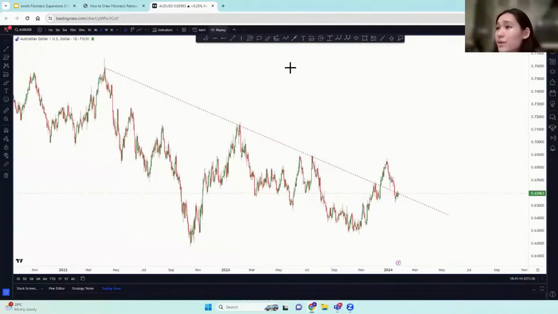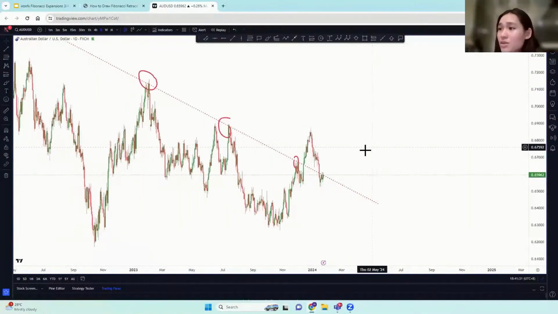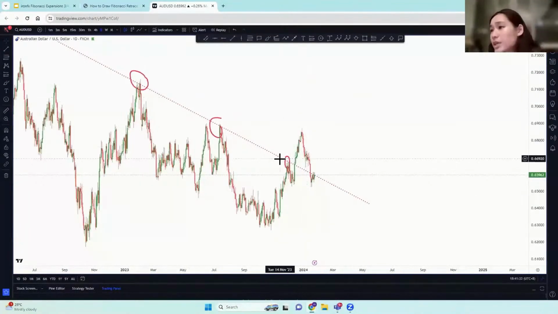So we have a really nice trend line over here: 1, 2, and 3 touches. You can see price recently broke out of the descending trend line, so there is a bit of a bullish signal over here.